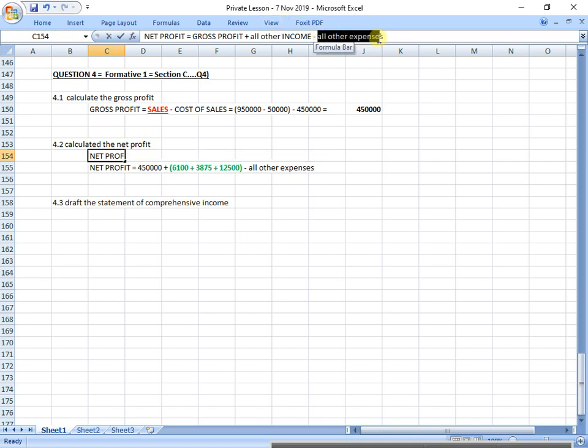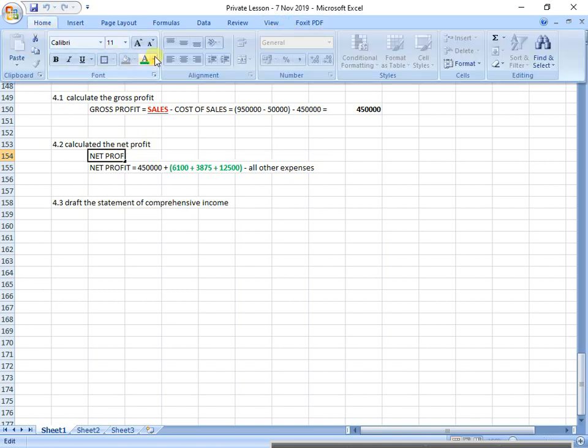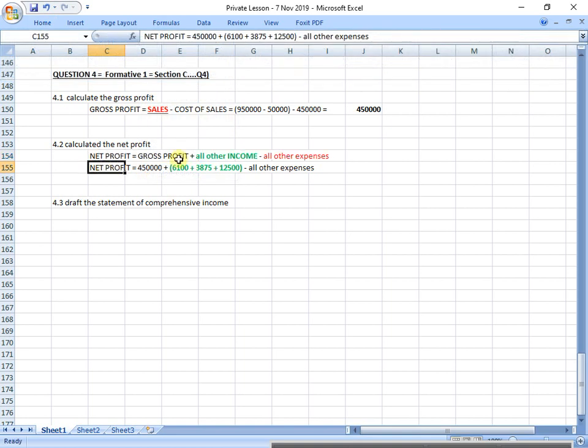Then we need all the other expenses. Give me all the expenses. Salaries and wages.